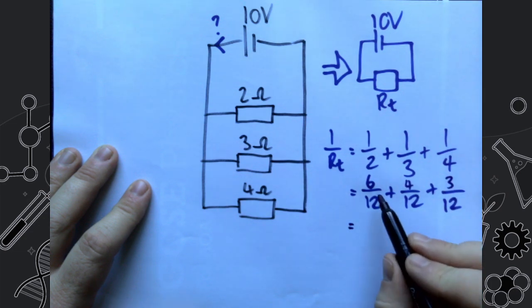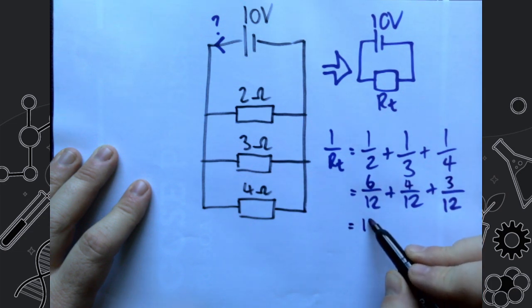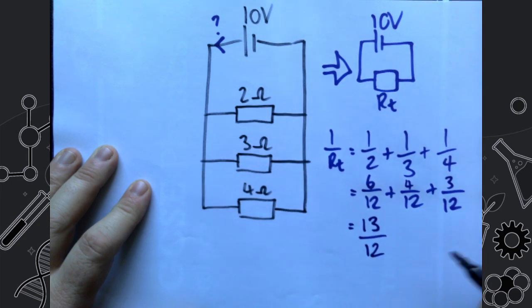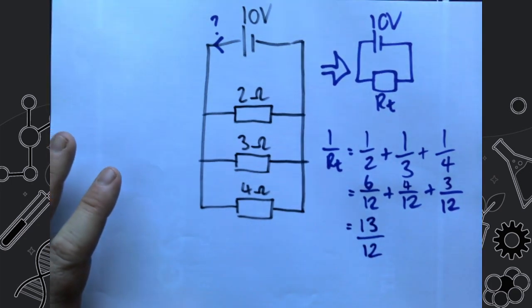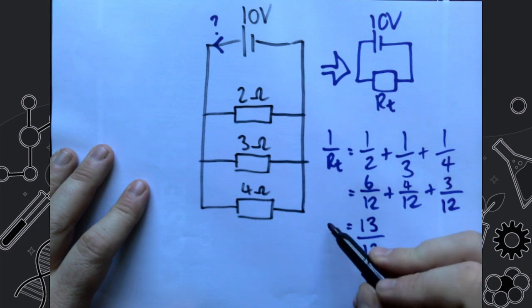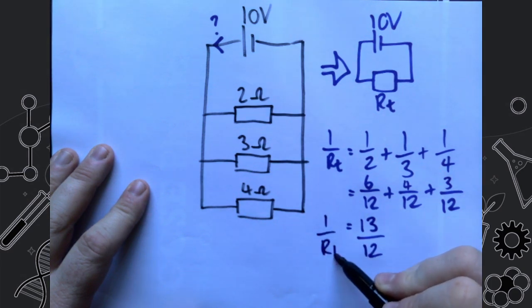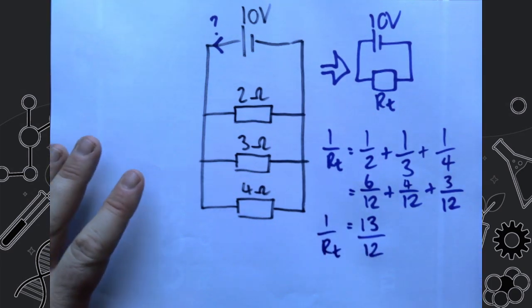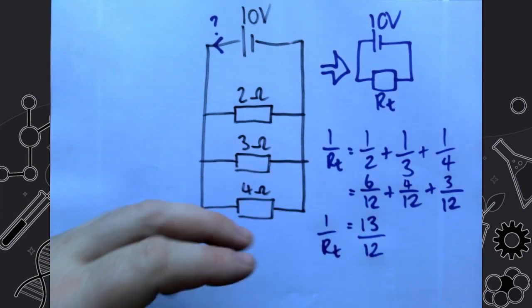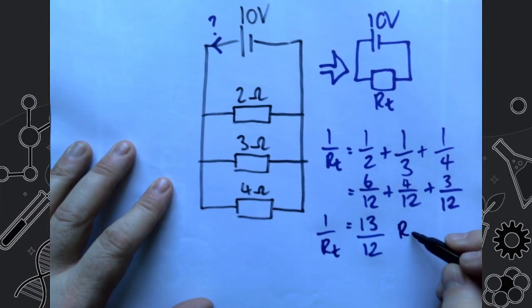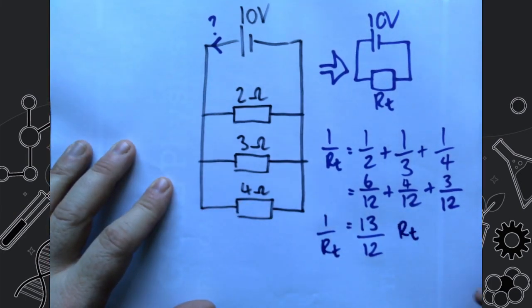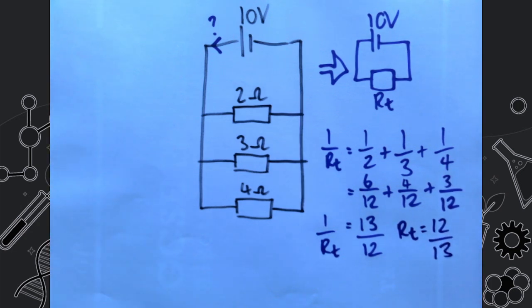That together is equal to 13 over 12. As I quickly check my maths, yes, I think it is. But remember, that is 1 over RT. To get RT, we just swap both over. So RT is equal to 12 over 13.